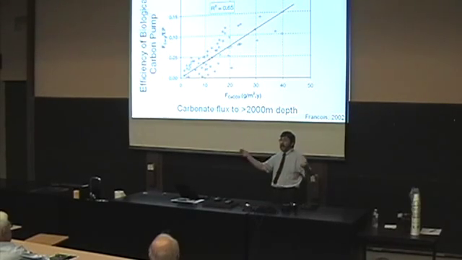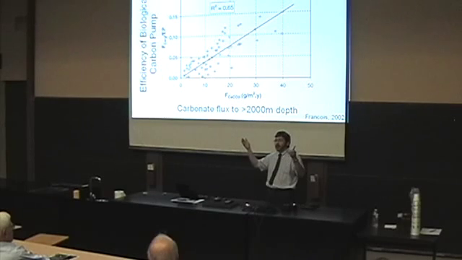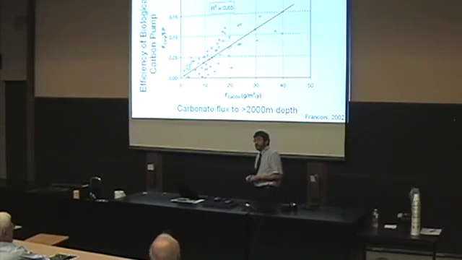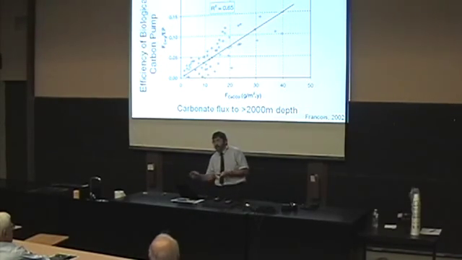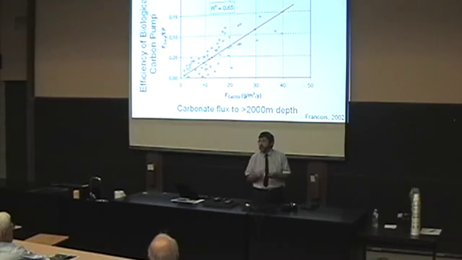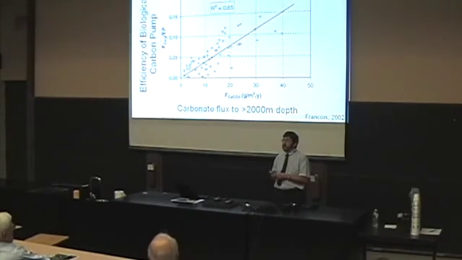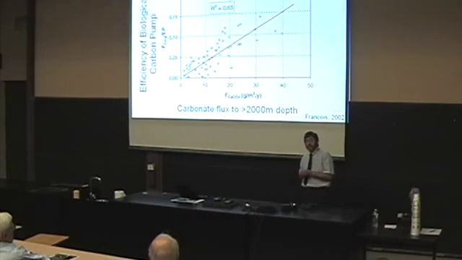So now we're looking at the impact of coccoliths and other calcifiers on how fast carbon is being sequestered in the ocean. Mind you, if you didn't have this biological carbon pump, the pCO2, the CO2 concentration in the atmosphere, would be about 200 ppm higher.